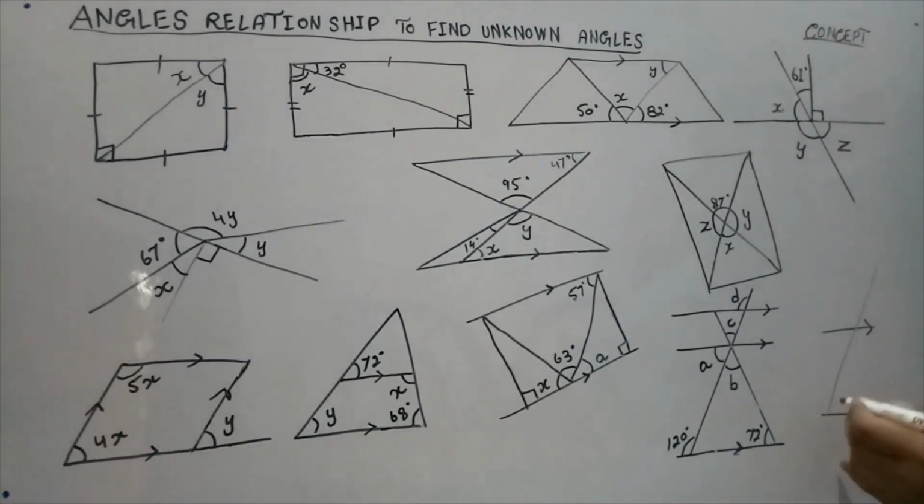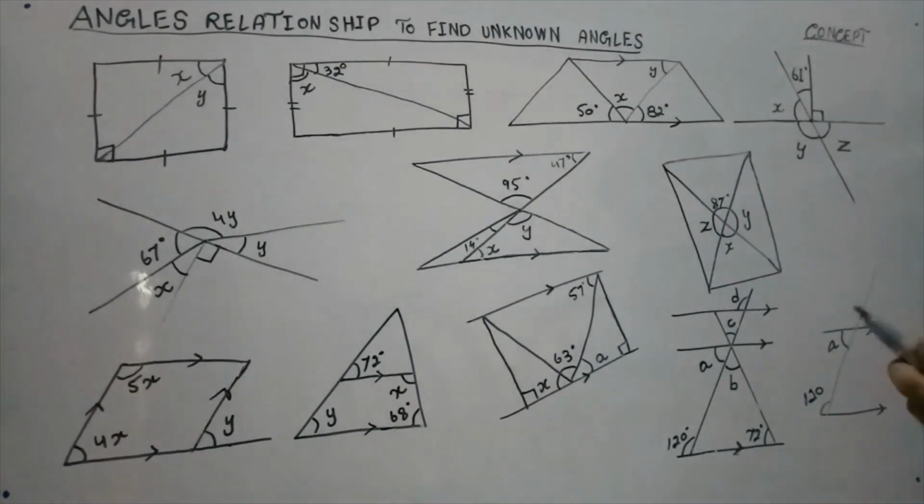Here we are given this angle and this angle. Actually we have to find this angle, which is A, and this one is 120 degrees. Now we will apply the co-interior angle theorem. In the co-interior angle we will get a C shape, you can see from here.